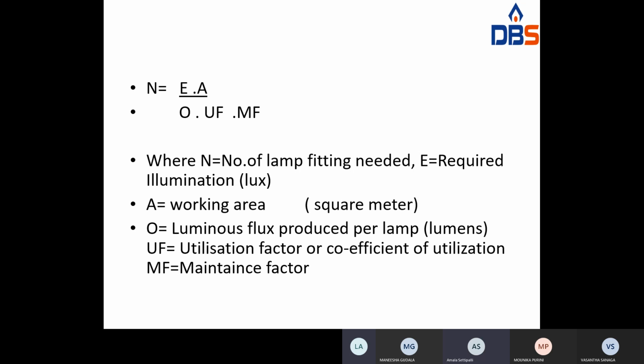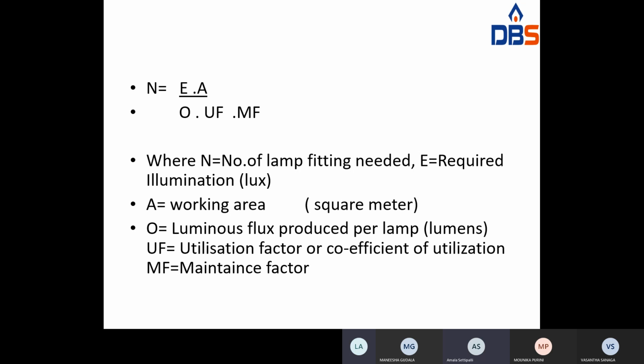In the point to point method, to find how many lamps will be used, the formula is N equals E into A divided by O into UF into MF. Here N is the number of lamps required, E is the illumination, A is the working area, O is the luminous flux produced per lamp, UF is the utilization factor or coefficient of utilization, and MF is the maintenance factor.